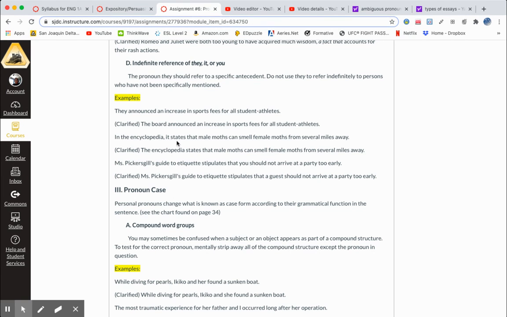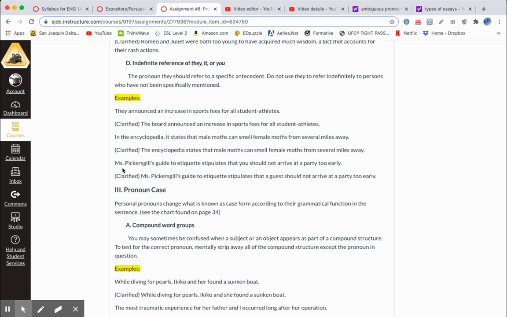Well, it's almost as if there's a little man inside the encyclopedia, or a little bug or something, right? But let's clear it up: "The encyclopedia states." There, we're getting directly to the point. What states that a male moth can smell female moths from several miles away? The encyclopedia does.